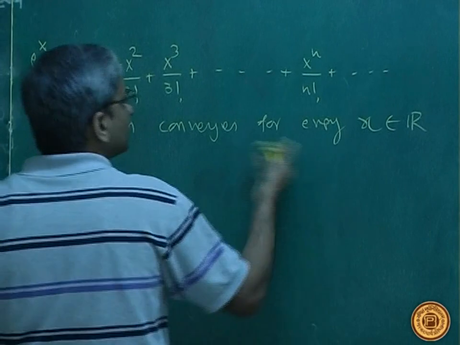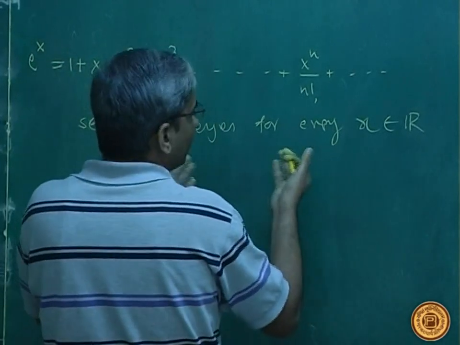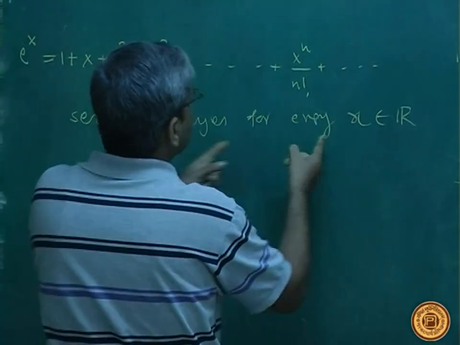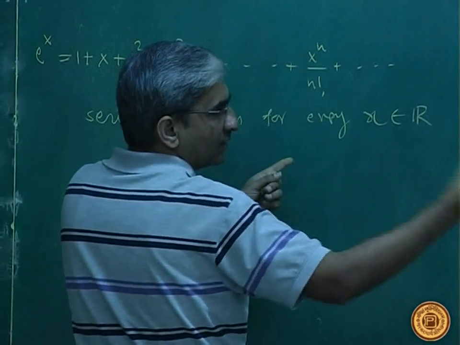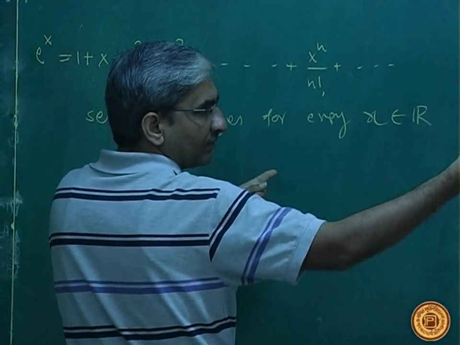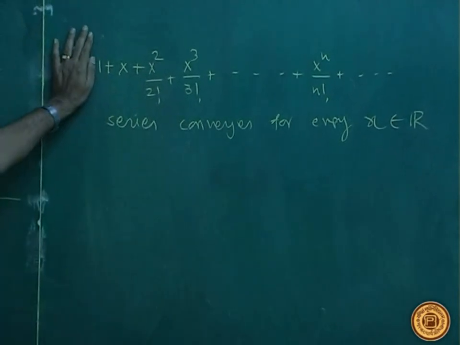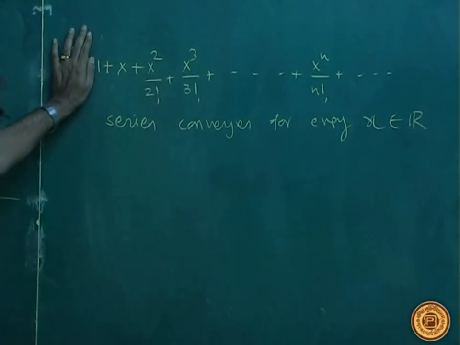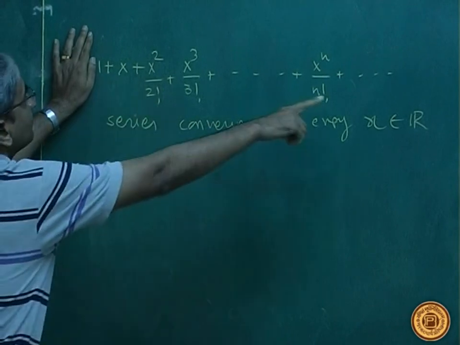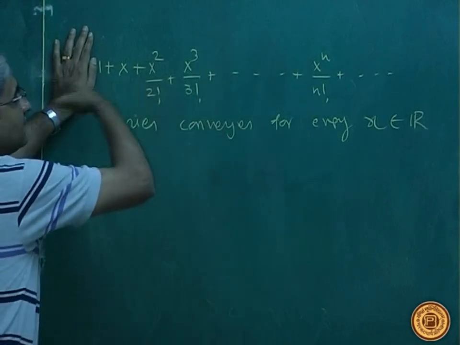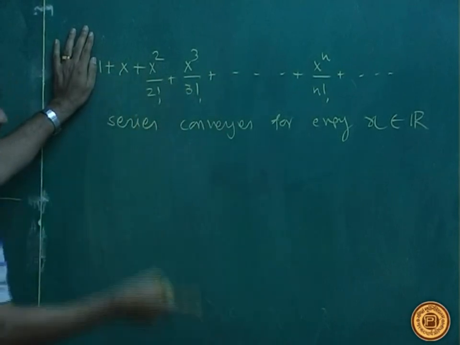Once it converges for every x, it defines a function, because for a certain x0 it converges to a real number. So that is the image of x0. Okay. So if I just look at this series, and it converges for every x, it will give some answer. That means it defines a function.